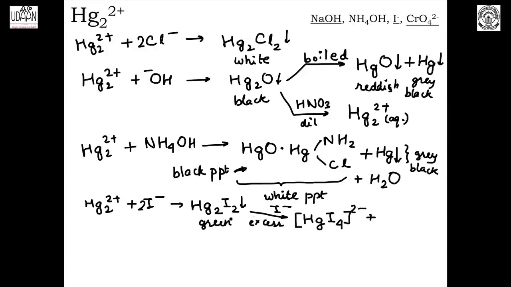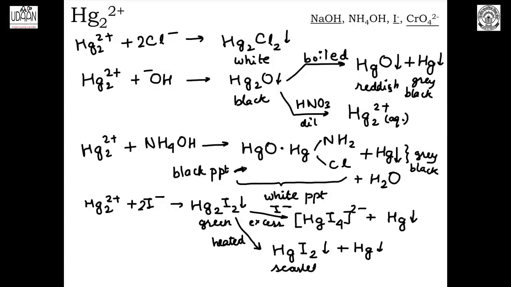Since this particular Hg is in 2+, it must have disproportionated, and indeed it forms elemental mercury. Another reaction is that when this is simply heated, it gives again by disproportionation HgI2 as well as mercury. This is scarlet colored. This disproportionation happens.